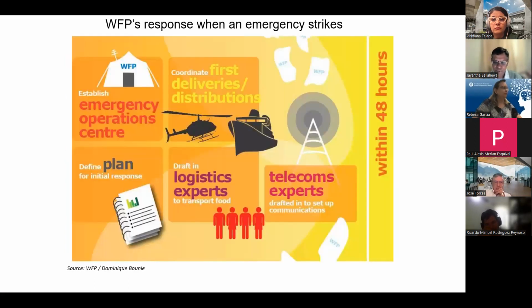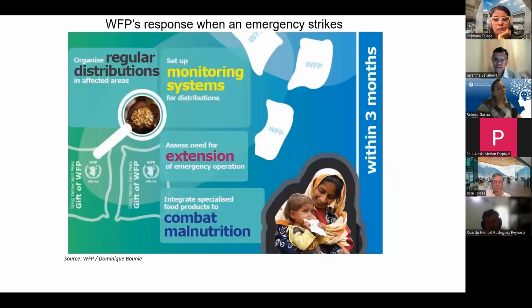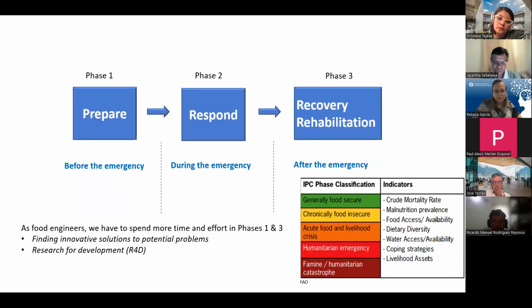They get people on the ground, set up communication systems, and then the appropriate food is sourced and distributed, but they ensure that malnutrition doesn't set in once the emergency is over. So they have to, together with local organizations, continue to give the right support.